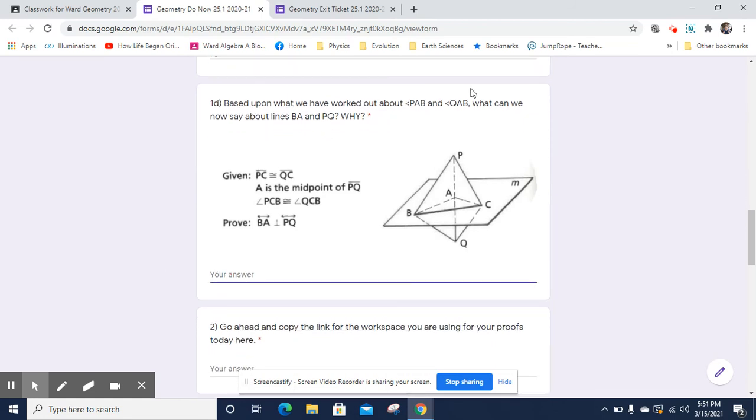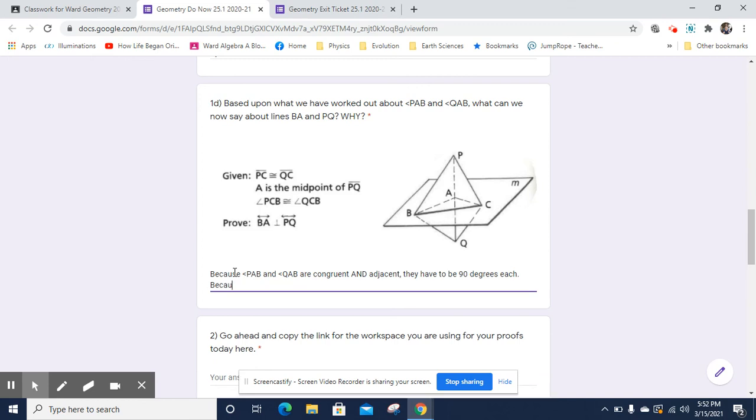So based upon what we know about PAB and QAB, that they are congruent and adjacent, because angles PAB and QAB are congruent and adjacent, they have to be 90 degrees each, because they are supplementary and congruent.